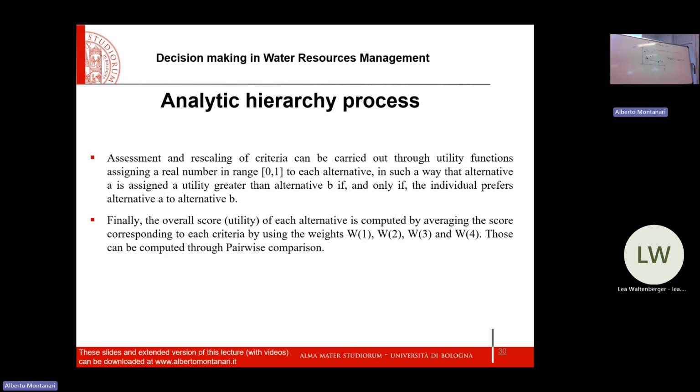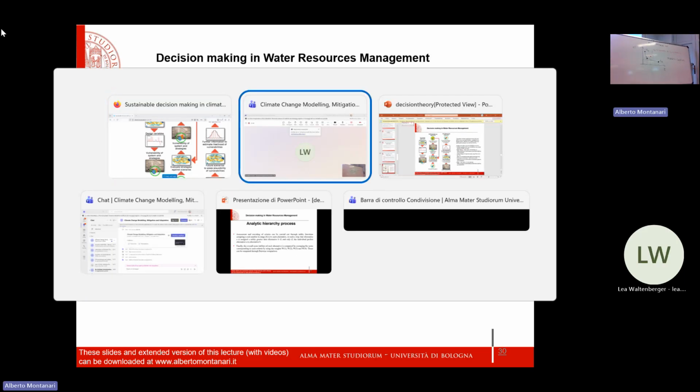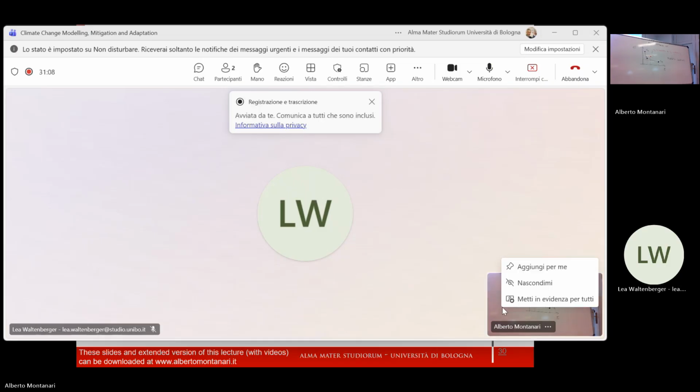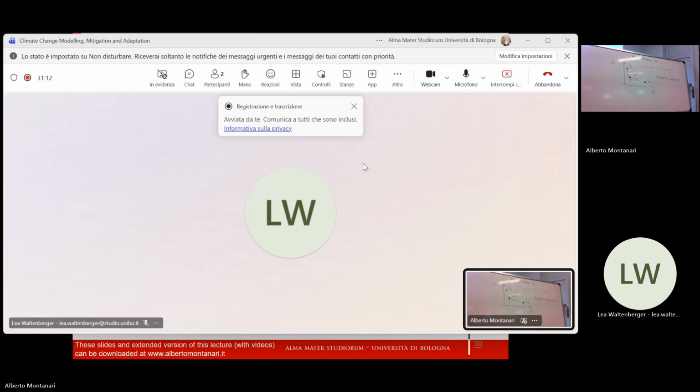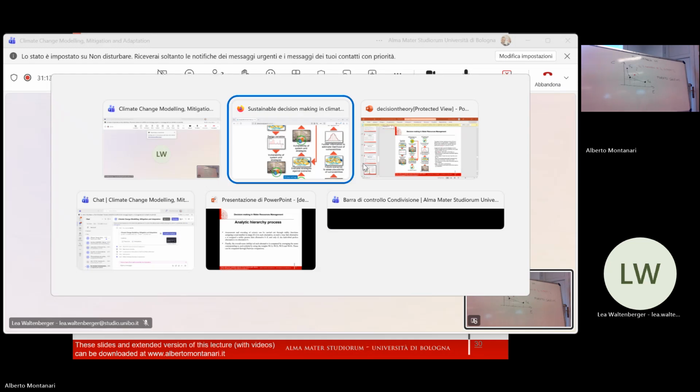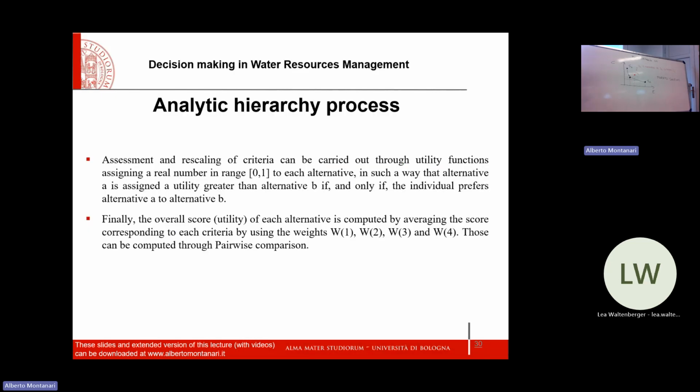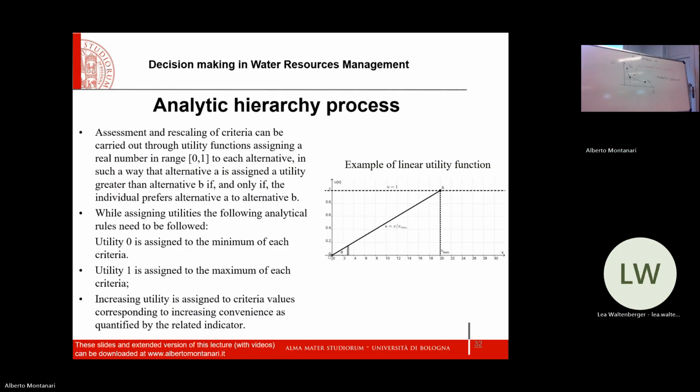What is a utility function? I think I have a utility function here. Yeah, okay, this is linear. So let's suppose that we apply it to the criterion environment, and let's suppose that we have three possible solutions.